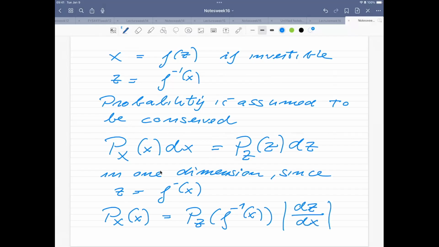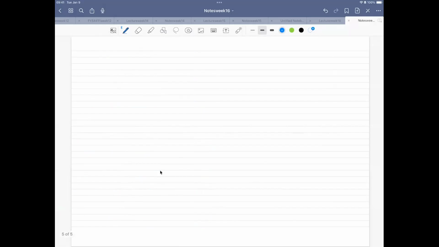Then I can use again this function z being given by f inverse, so I would put f inverse in here.